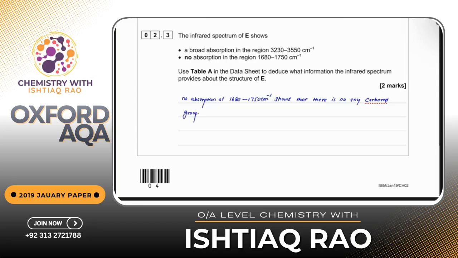And what does this broad peak show? 3230 to 3550. I remember this was the peak of alcohol. So a broad absorption shows the presence of an OH group.